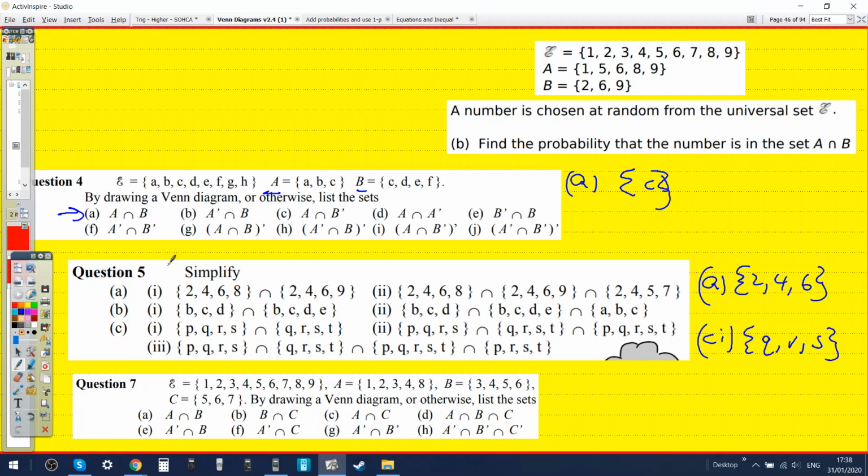A number is chosen at random? 6 and 9? And do you know how you would write the probability of getting a 6 or a 9 from the universal set? No. How many possibilities are there? 2. And how many possibilities in total from the universal set? 9. And so it's 2 out of 9. Okay, very simple. Yep, I agree.